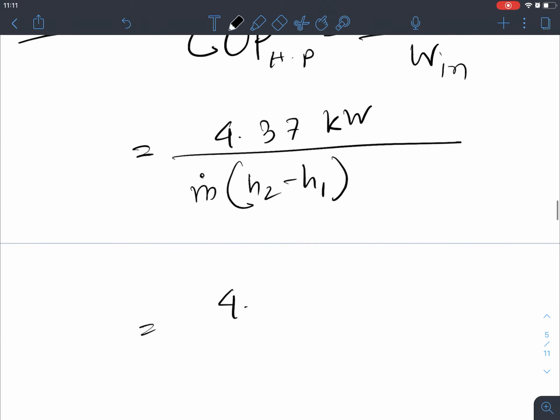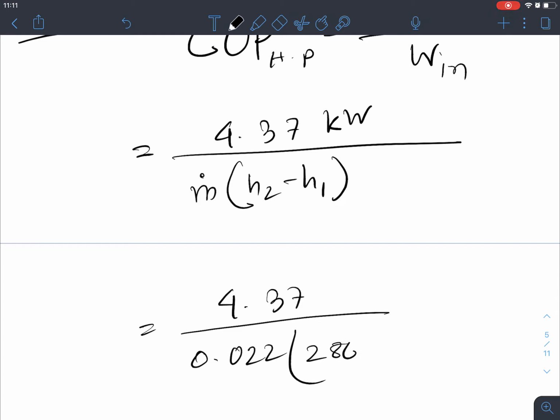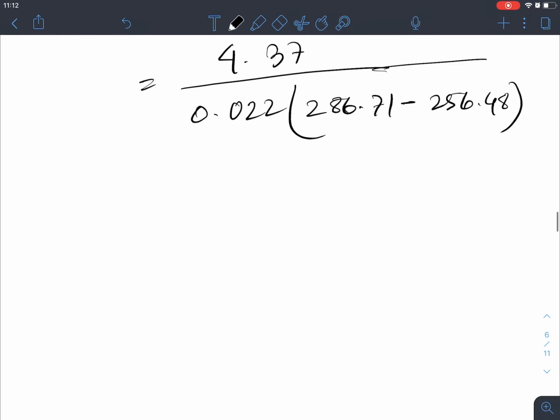So if we plug in all this information, 4.37 divided by 0.022 times H2, we got 286.71 minus H1, 256.48.